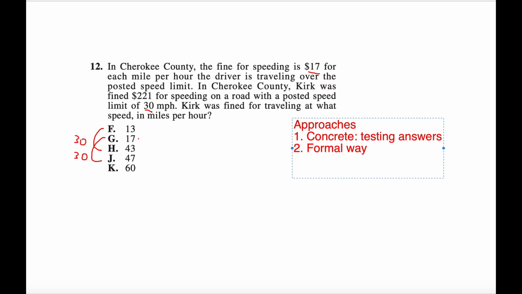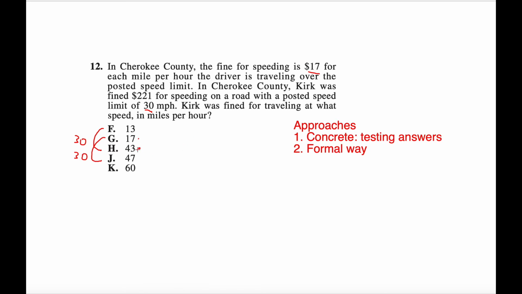Okay, so let's try out the testing answers approach first. In trying out the answer choices, I like to start with the middle answer, although you can start with whatever one you like, because if it is correct, then I am done.